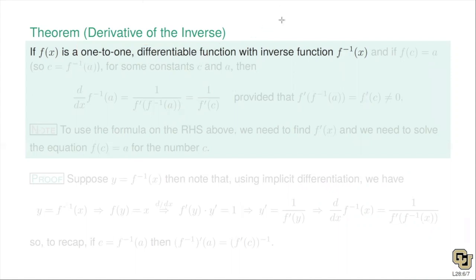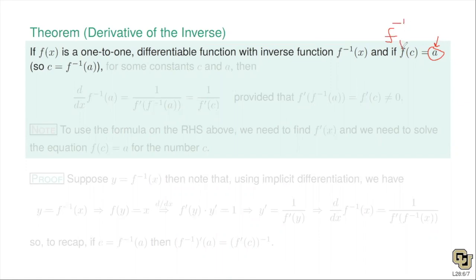So now what we want to find out is for the inverse function, if you give me some point A in the domain of the inverse function. So here, suppose f of c equals A. So A here would be in the domain of the inverse function, right? So remember, f of c equals A, so take f inverse of both sides.